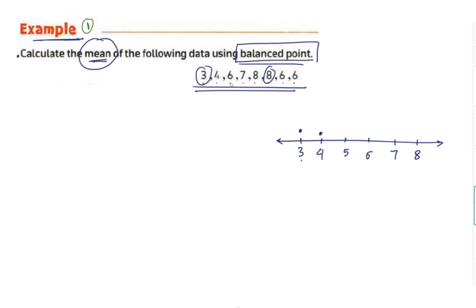We have 1, 2, 3 sixes, so I need to plot 3 dots. How many 7? Just one 7. How many 8? Just two 8s, 1 and 2. Now I just dot plot my values.